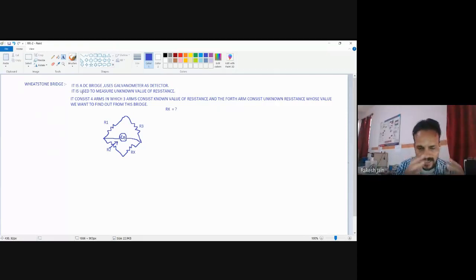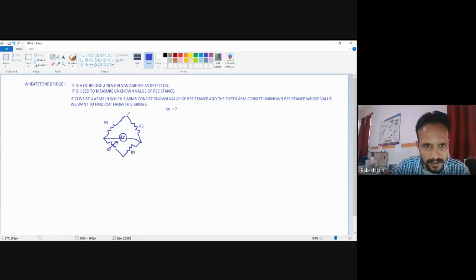As I have already told you, first of all, a bridge consists of four arms. So see, there are four arms: one is of R1, one is of R3, one is of R2, and one is of Rx. I have also told you that the detector element for DC bridges is a galvanometer. So here the galvanometer, for which I used the abbreviation G, is connected in the circuitry. One more thing which I taught you is that DC bridges consist of a DC supply.